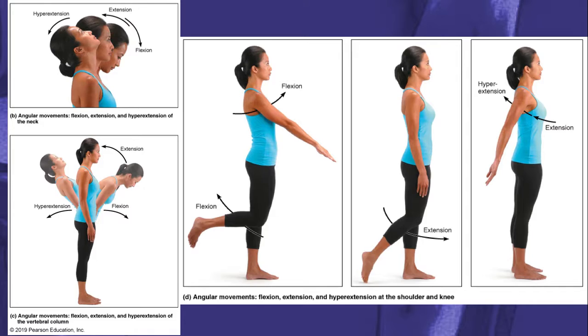Now your knee goes the opposite direction. So if you flex your knee, it goes back. And then extend it. Hyperextension. No, you can't. Okay, so some of our joints prevent you from being able to move every direction. Okay. I think that was all of those. Now, next slide.